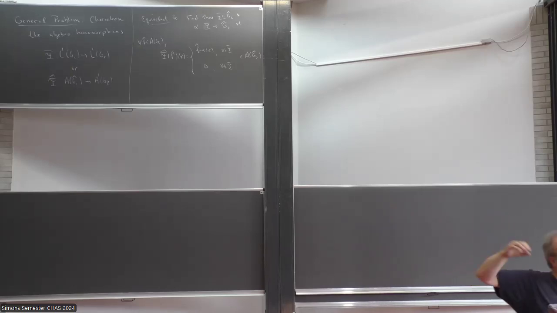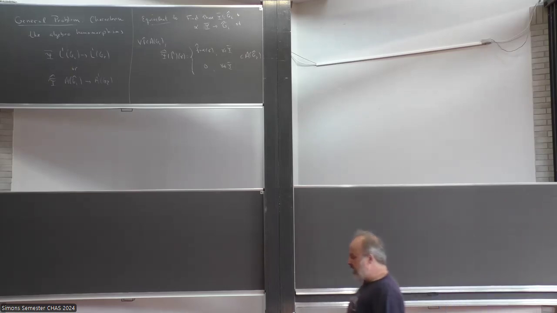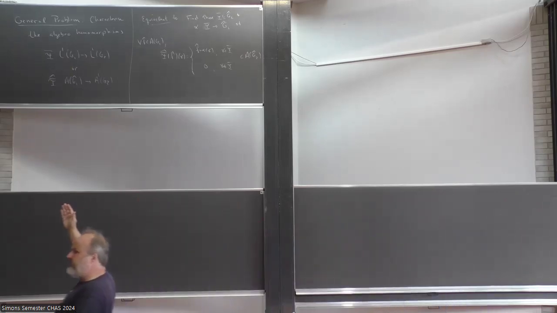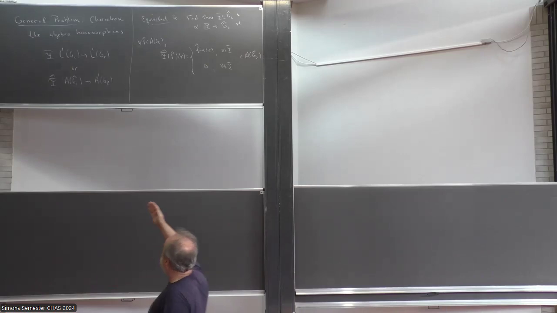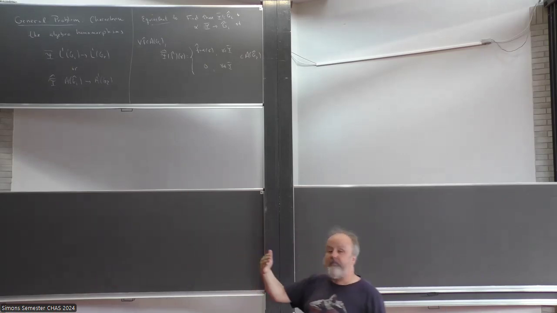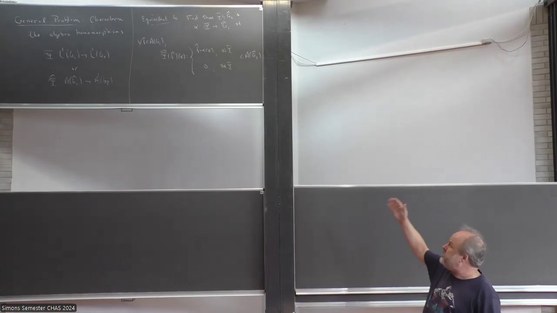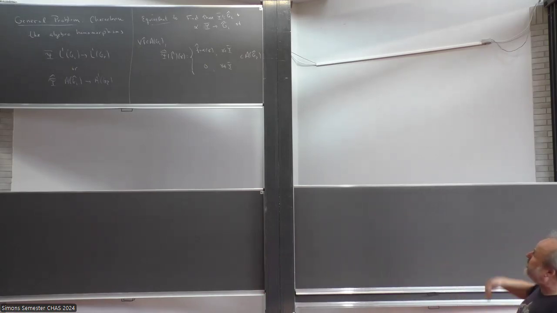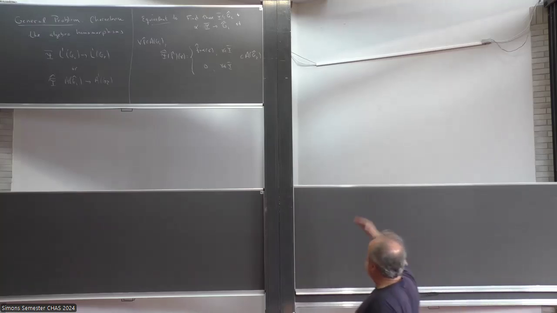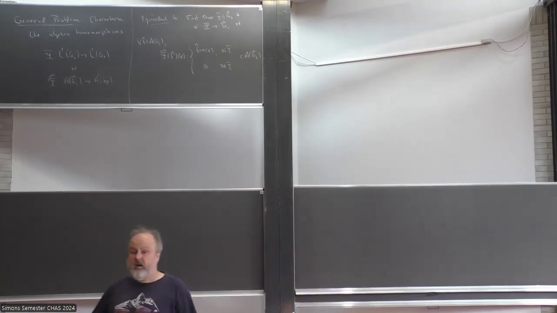This map alpha goes from some subset Y of the underlying dual group of G2 into the dual group of G1. Therefore, this question of characterization becomes a question of characterizing those subsets Y of the dual group of G2 and those mappings alpha from Y into the dual group of G1, so that for any element in the Fourier algebra of G1, composition with this mapping alpha on Y gives me an element in the Fourier algebra of G2.